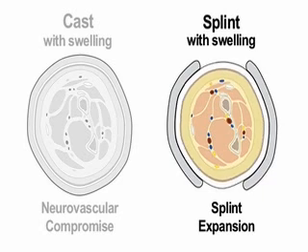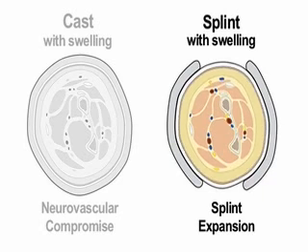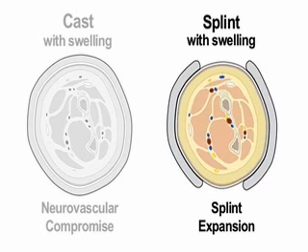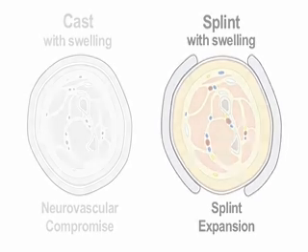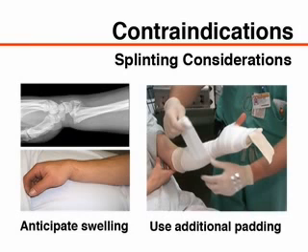Splints are an excellent alternative because they provide the necessary immobilization while allowing for the natural swelling process to occur without marked neurovascular compression. For injuries that are prone to severe swelling, even a splint can become restrictive as the swelling increases. Additional padding may allow room for expansion in these circumstances.